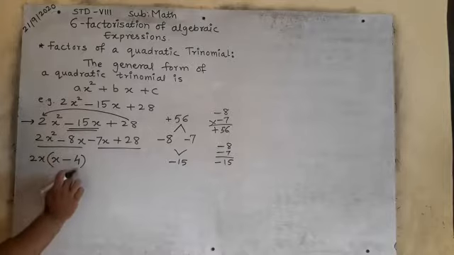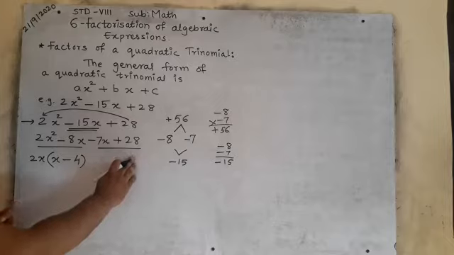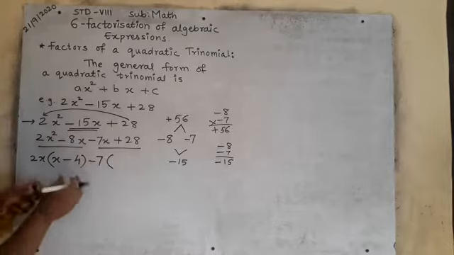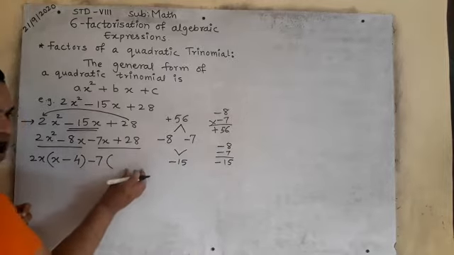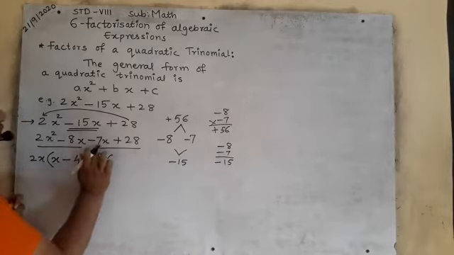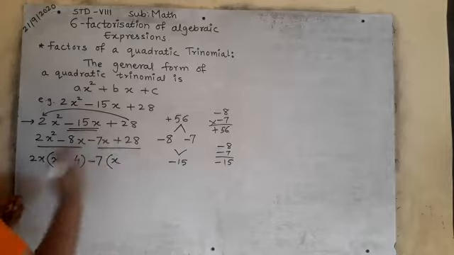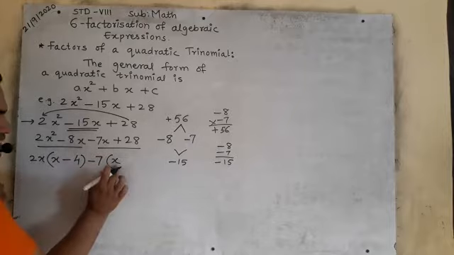2 4s are 8. Now what is common here? 7 times table, 28 comes. Yes, so you will write minus 7. Okay, whatever will be your first bracket, that only will come here. See, find out how. What is left from here? X. 7 is common because 7 4s are 28. You have taken out 7. Now x is left.